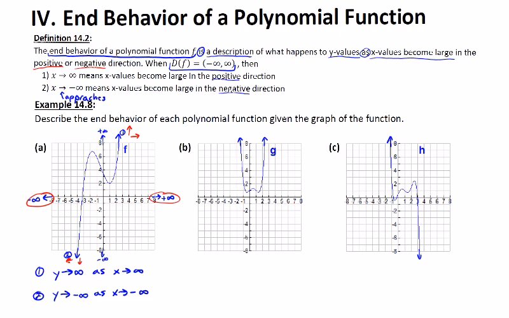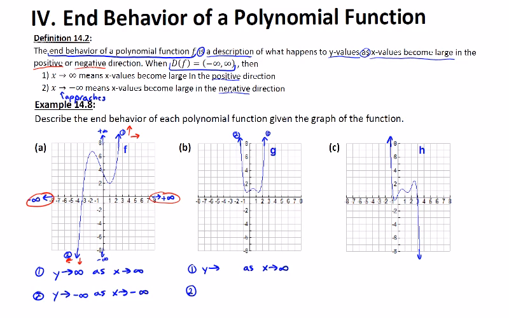Let's try this with part B. We have the polynomial g graphed here, and I'm going to label the right-hand side arrow as number 1 and the left-hand side arrow as number 2, and we're going to write down the general structure for our end behavior statements. That'll be y approaches something as x approaches infinity. We always do that for the right-hand side.